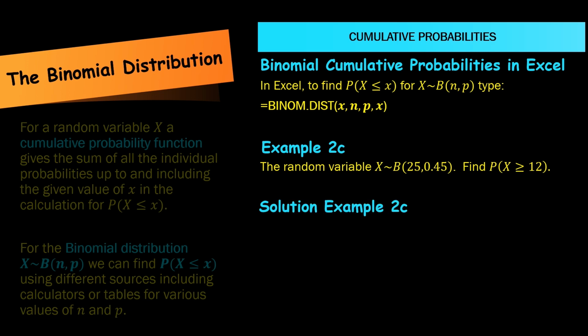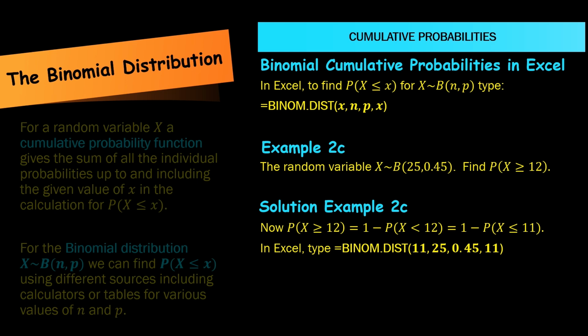So let's solve this. The probability that x is greater than or equal to 12 is equal to 1 minus the probability that x is less than 12, which is equal to 1 minus the probability that x is less than or equal to 11 in this example.